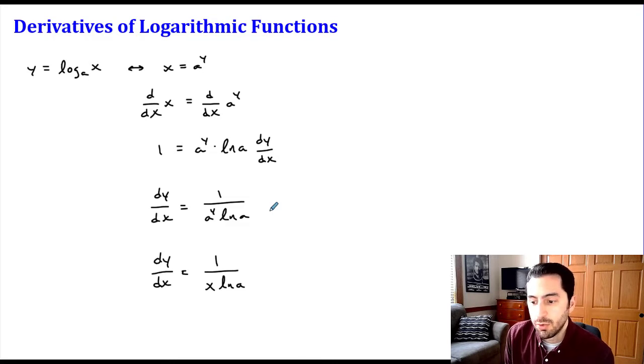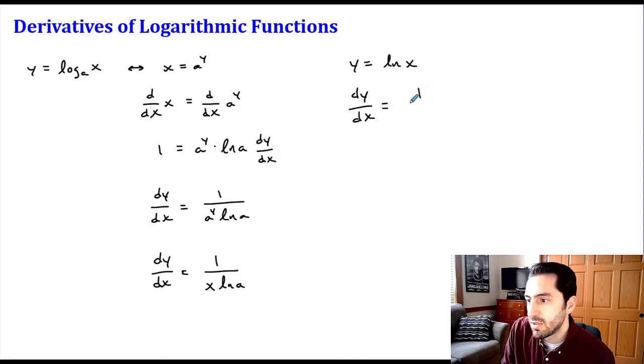Any base will work here, which means that we can also simplify this a little bit more if we're dealing with a base e. So let's say we have y is equal to the natural log of x. In natural log, the base here is e. So if I use the formula we just found, dy over dx is going to be equal to 1 over x times the natural log of e, because the base was e.